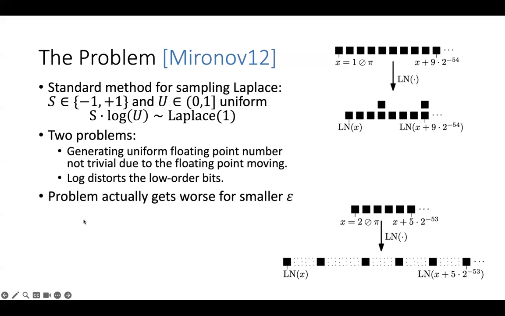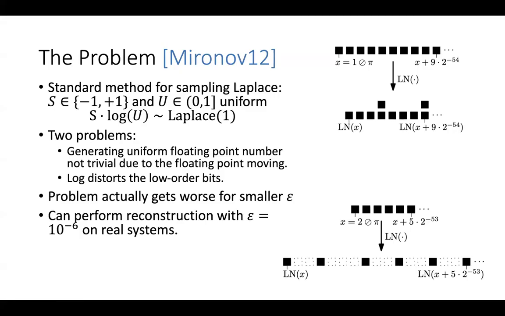And what's really perverse is that if you make epsilon smaller, this should make privacy better, but it actually makes the attack more effective. And what was demonstrated is if you set epsilon to be 10 to the minus 6, which is basically great privacy, then you can still perform a complete reconstruction attack of the input data.